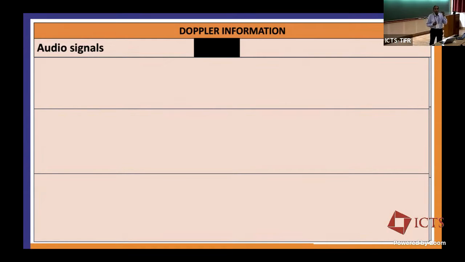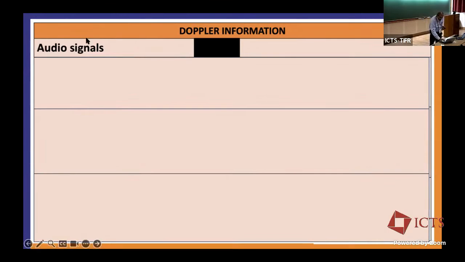The audio signals are unique to each vessel. So to the extent that if you are familiar with Doppler, when somebody is doing a Doppler in the next room, I can actually say which vessel he is sampling. That is the level to which audio signals are important.